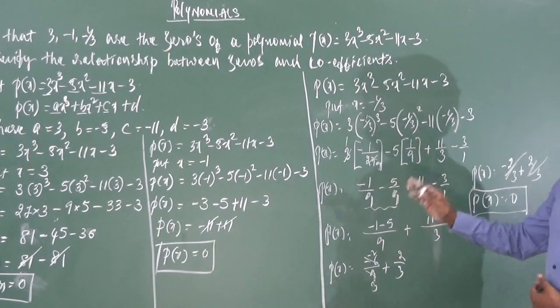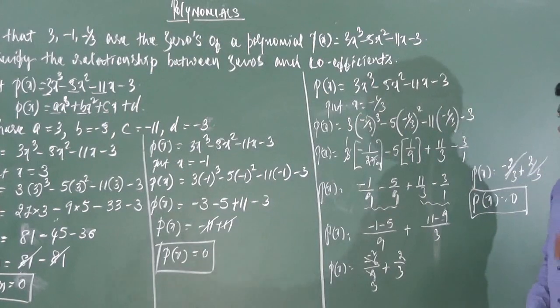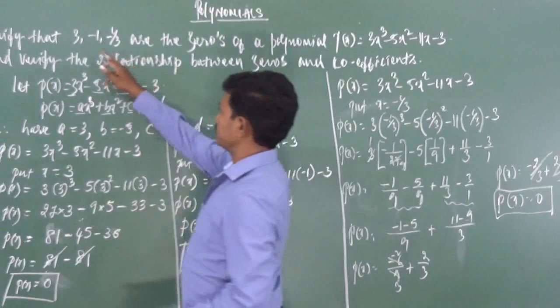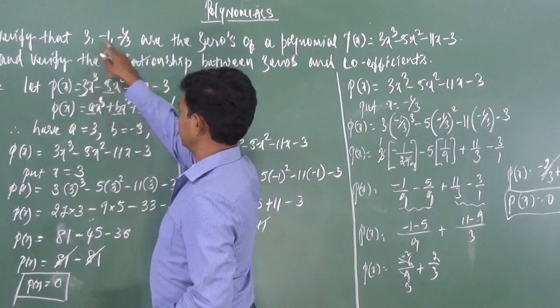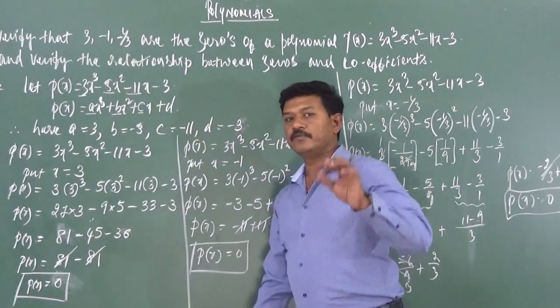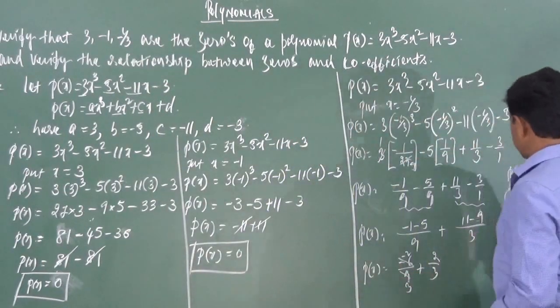By getting 0 at the end, when we substitute all the three values in the given polynomial, why we got zeros? That's the very important question here. So when we substituted the values of 3 in this polynomial, minus 1 in this polynomial, and minus 1 by 3 in this polynomial, we got the polynomial value equal to 0.